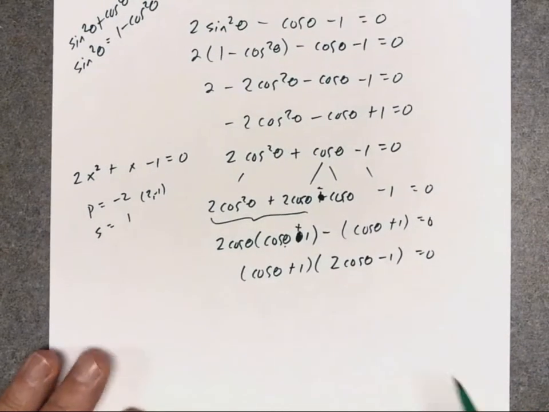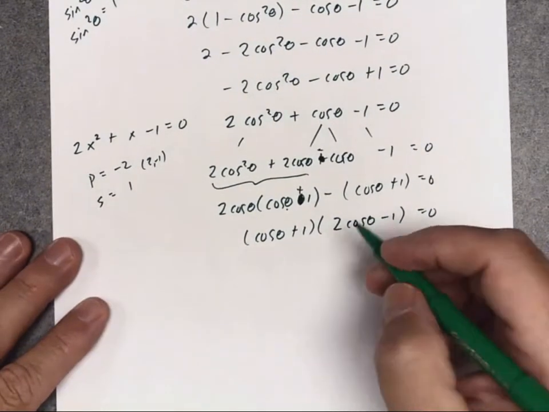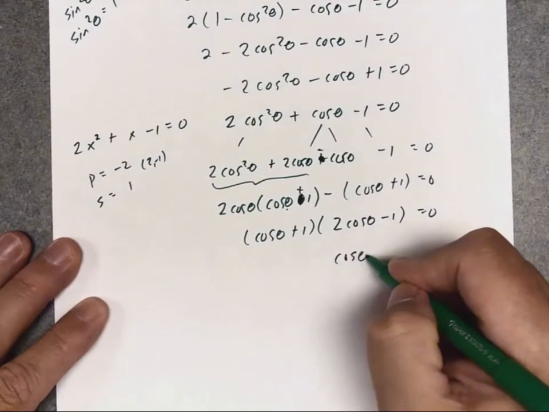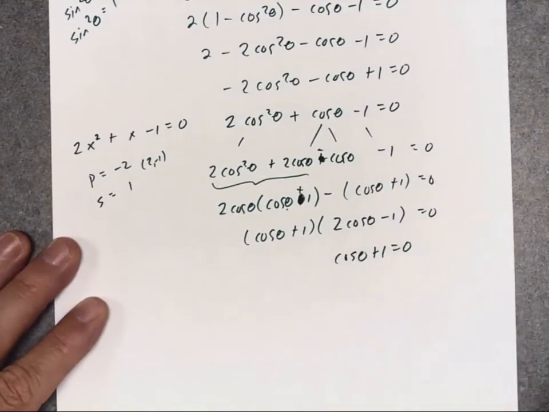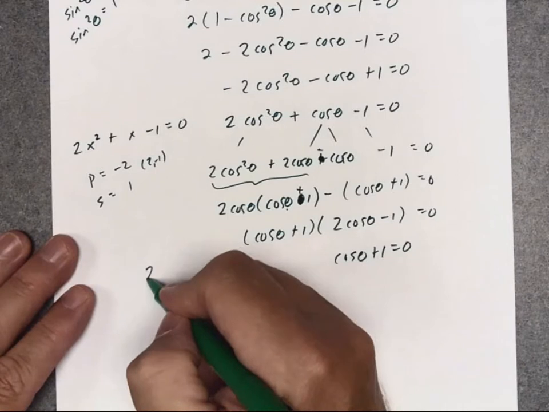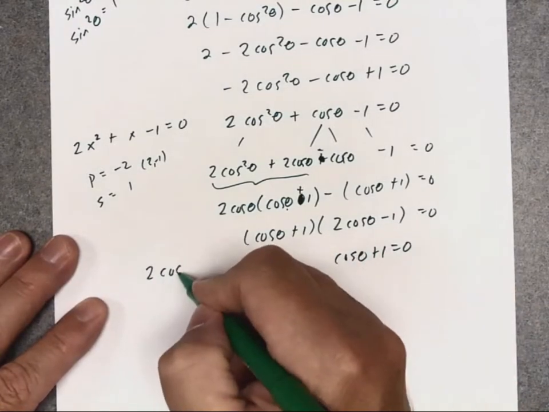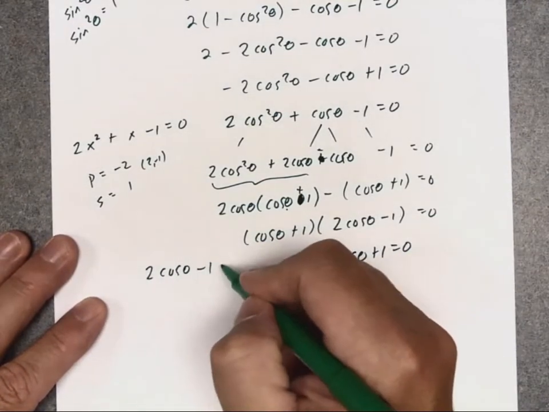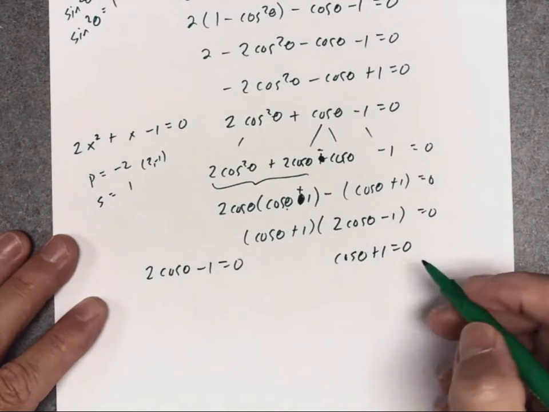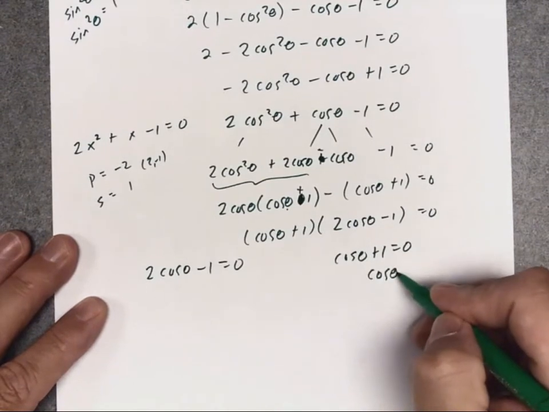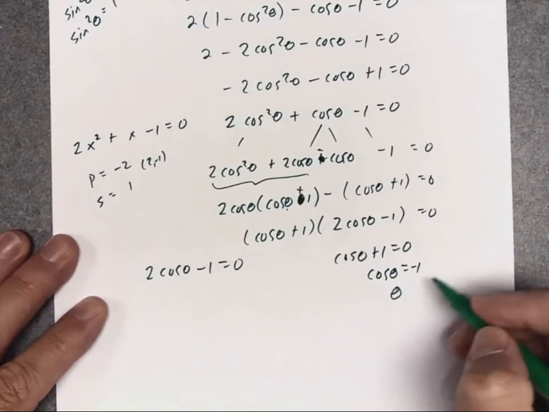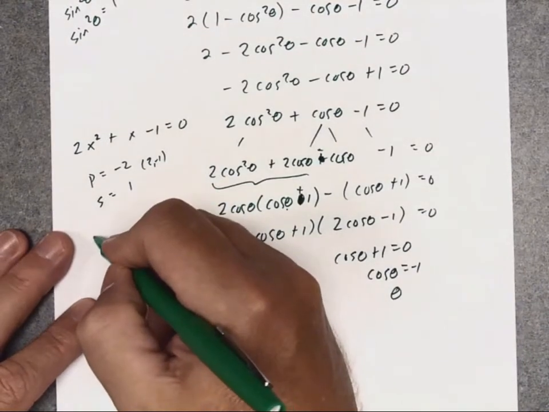And now I've got 2 parentheses. I set each one equal to 0. Here's the first one. I'll do the second one over here. So here, cosine theta equals -1. Let's just do this to save time.